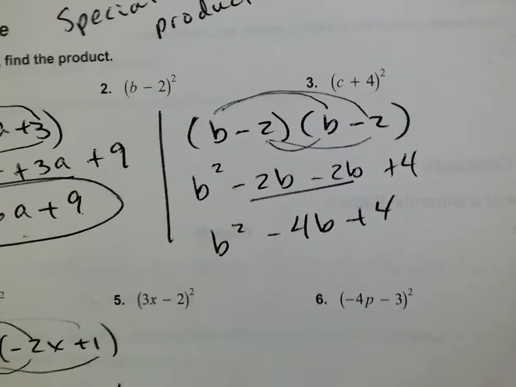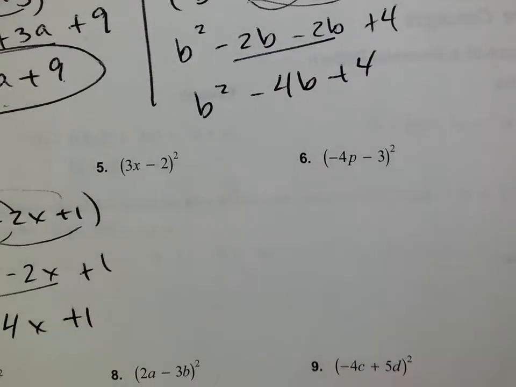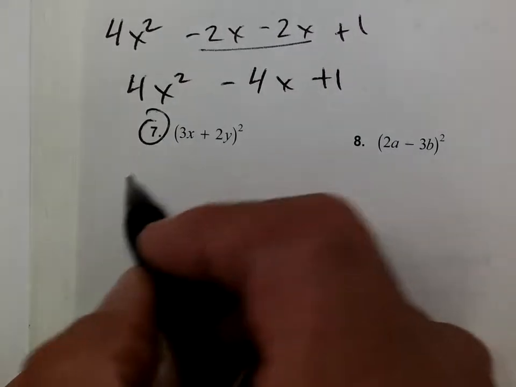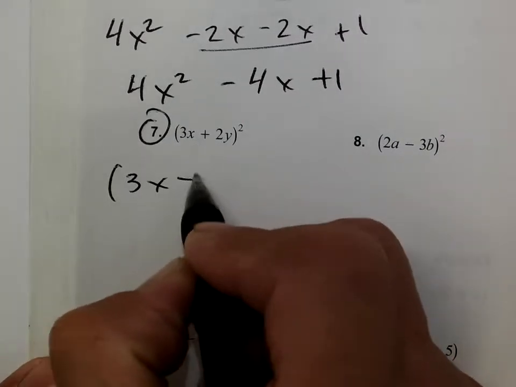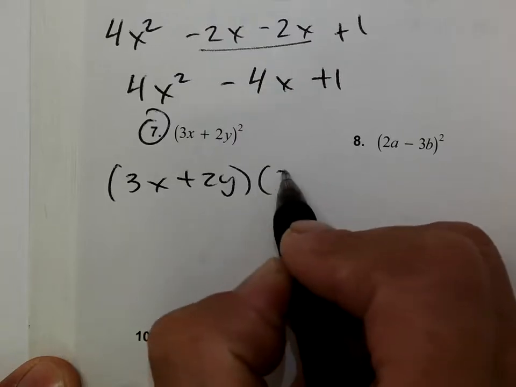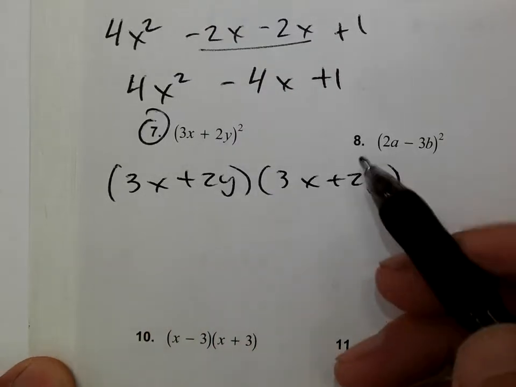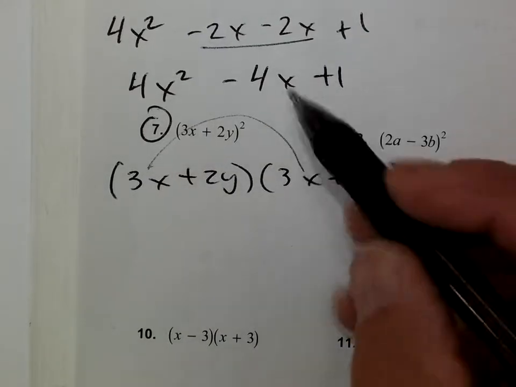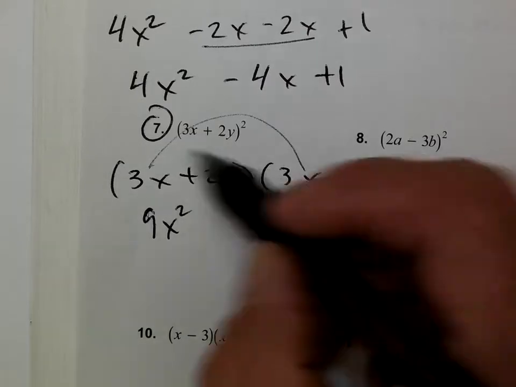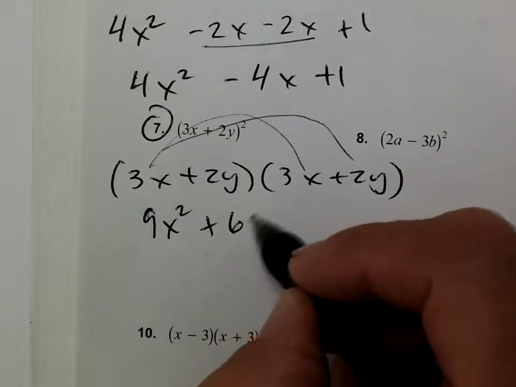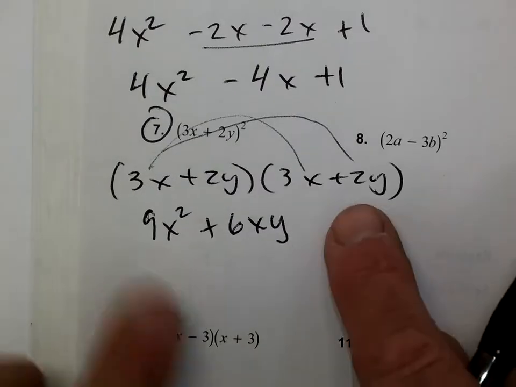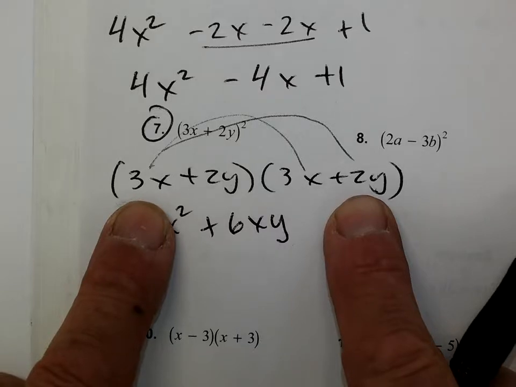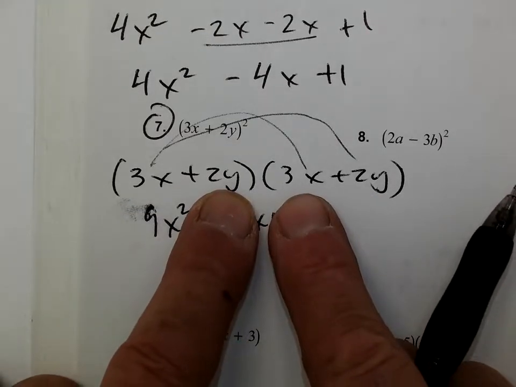All right, let's go down to 7. It's a little bit more complicated, but still the same thing. I'm going to write 3x plus 2y times 3x plus 2y, and we'll FOIL it like we've always done. We'll get 9x squared plus 6xy.